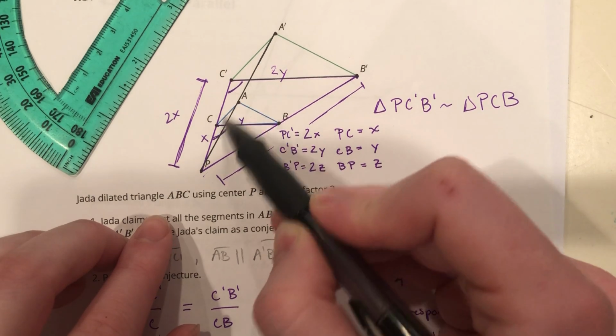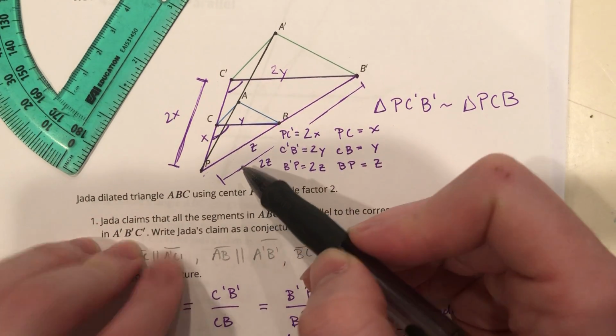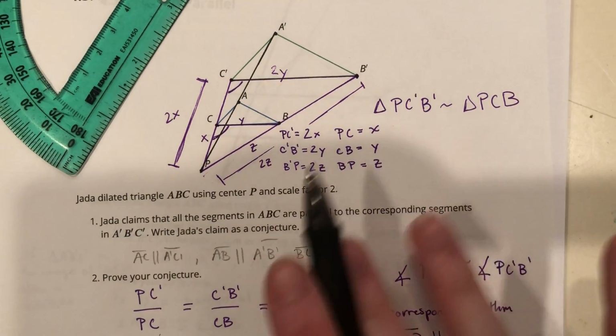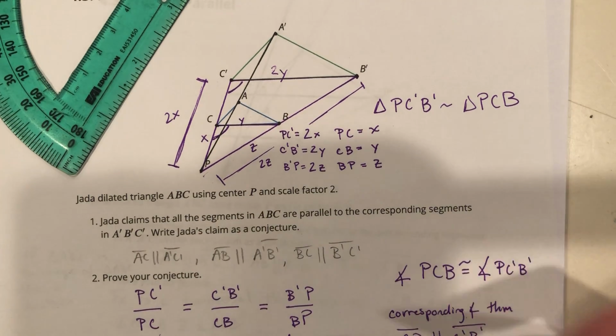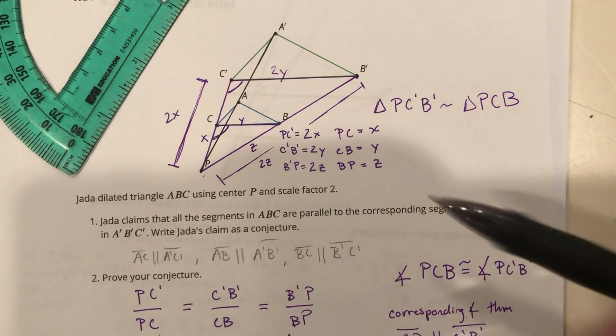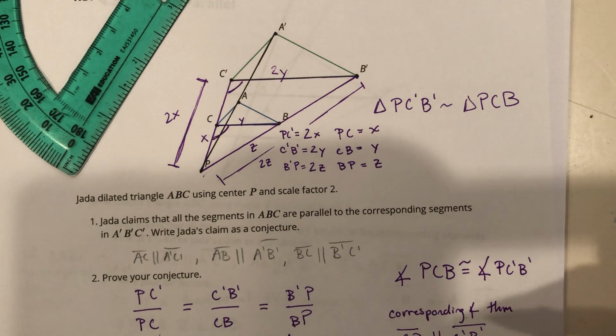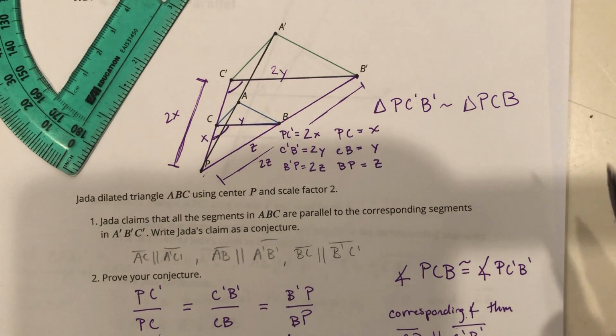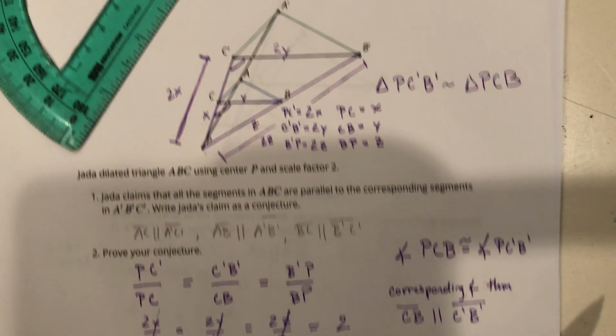And then I've got similar triangles here as well. Very complicated diagram when I have all this stuff here, so I just wanted to show you how I would do one of them, but I would have to do it 3 times technically to show that all 3 corresponding sides are parallel. All right, so that's that.